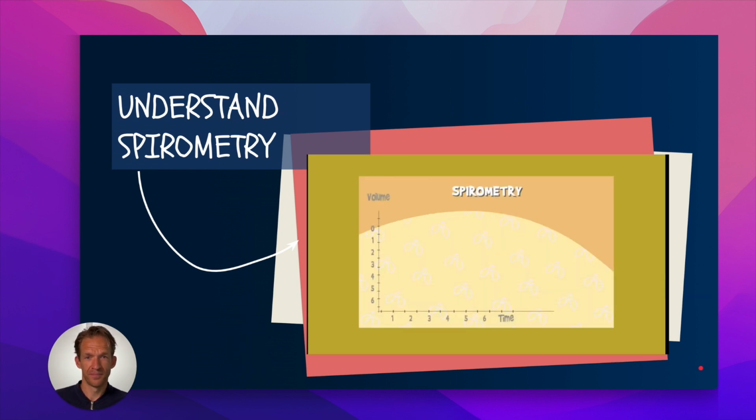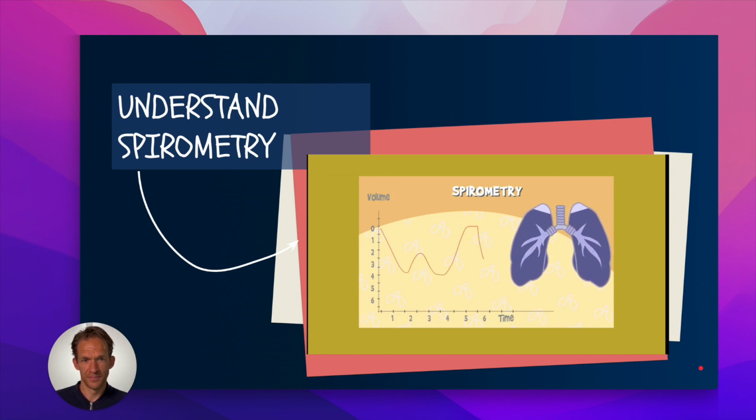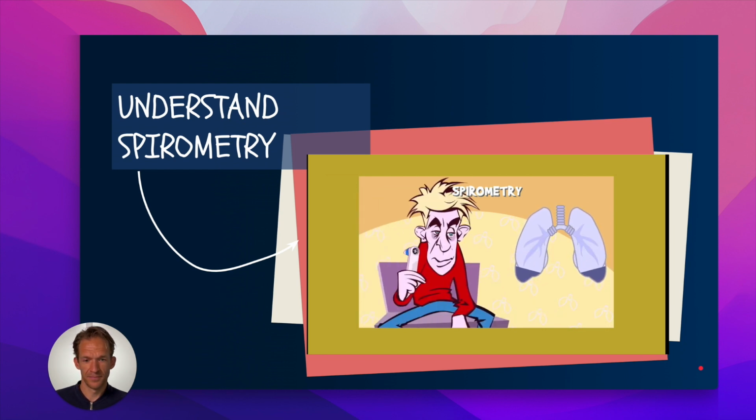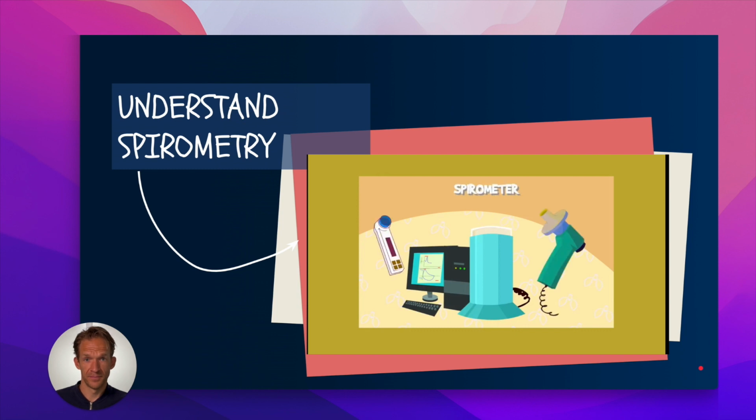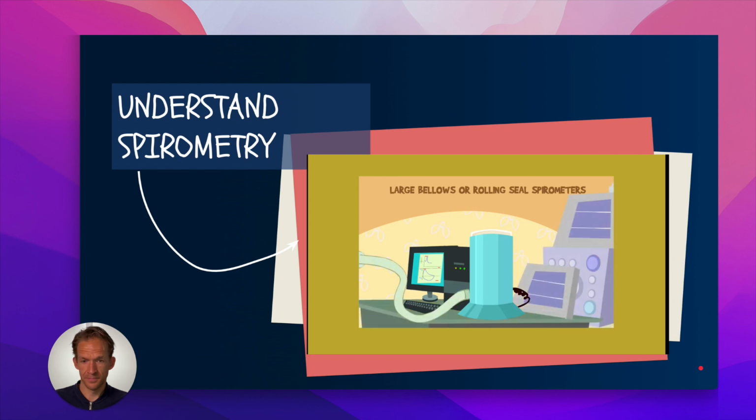Spirometry is a simple, non-invasive test that measures the amount of air a person can breathe out and the amount of time required to do so. Therefore, spirometry is used to detect and monitor respiratory diseases. Spirometry is performed with an instrument called a spirometer that can measure the airflow or the air volume that a patient can mobilize in the lungs. Spirometers can be classified in two types. Large bellows or rolling seal spirometers usually only available in pulmonary function laboratories.